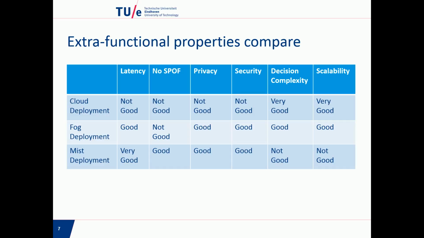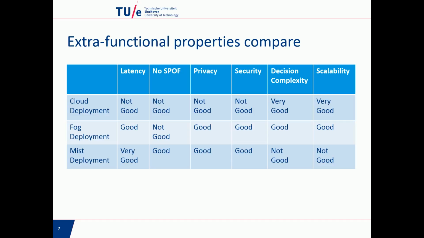Because of the high processing capacity and high capacity storage, the cloud approach has very good decision complexity, while the fog devices store less data and have less processing capacity, resulting in medium decision complexity.